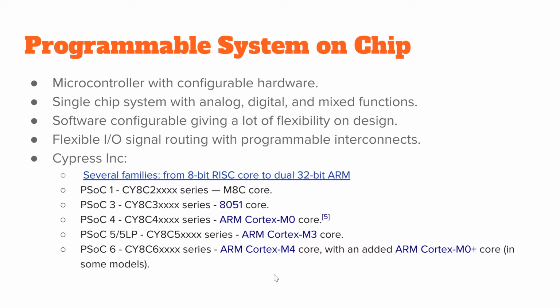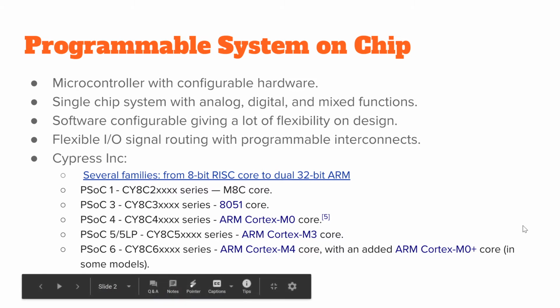So those are the different programmable system chip families. So we are using this PSoC5LP. Oh, okay, so it has an ARM Cortex M3 core. PSoC4 has the ARM Cortex M0, but M3 is a quite capable processor.